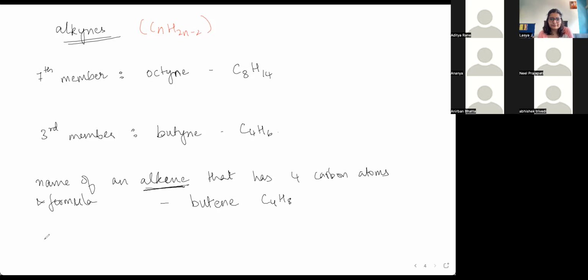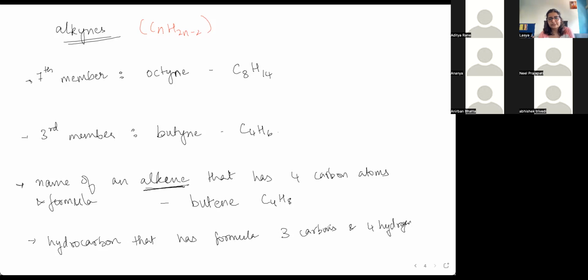Puneet, the rest of you can answer on chat in the meantime. You should also try these questions. Puneet, there is a hydrocarbon that has the formula, it has 3 carbon atoms and 4 hydrogens.